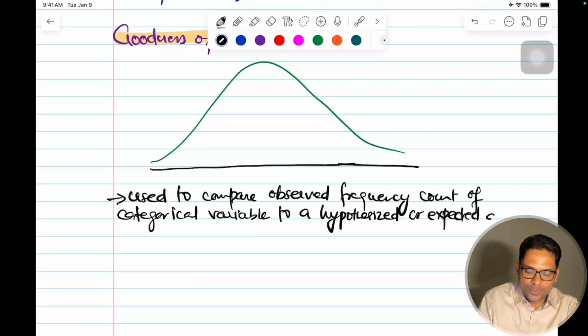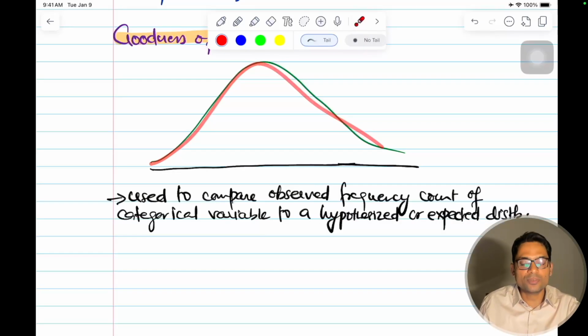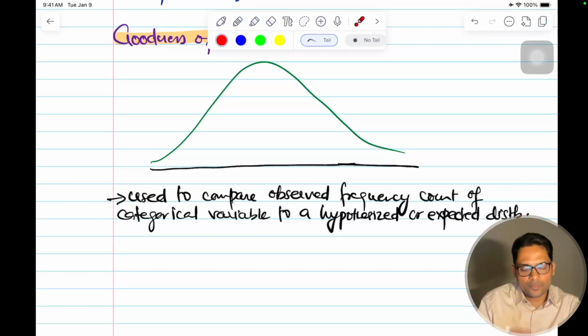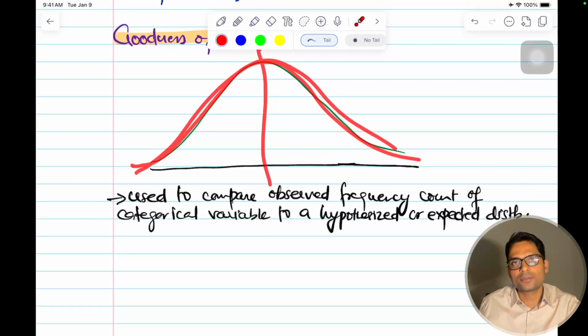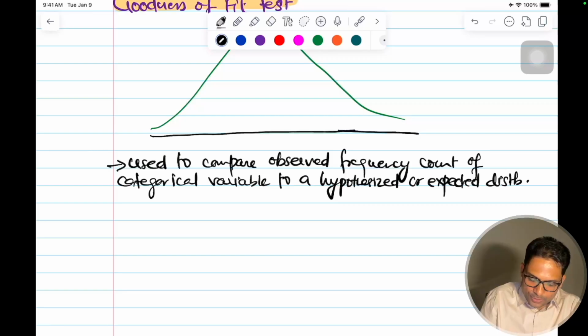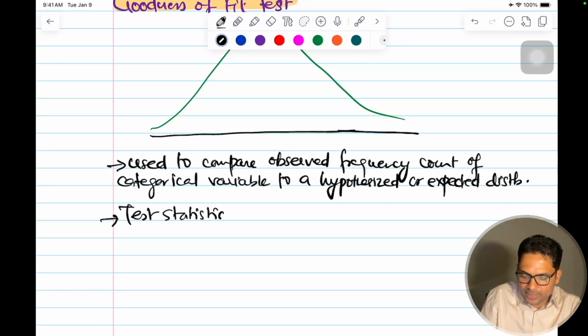I expect it to be a certain distribution because of the data I have observed. I feel that this should be this, and now I can use this test to confirm whether the expectation and the data fit together or not. This is what it will give me. So this is a goodness of fit test, and the test statistic that we are using here is the chi-square test statistic that we have seen already.